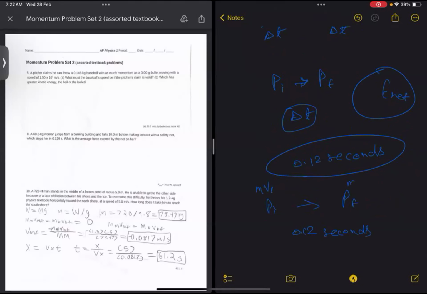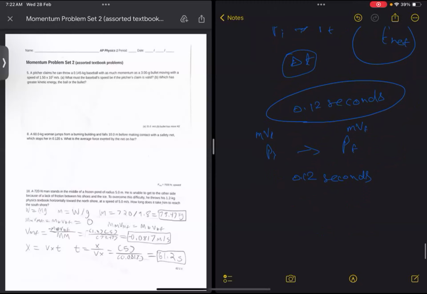So first tell me what is the final velocity after 0.12 seconds. Zero, right? So that is mass multiplied by zero. So the final momentum comes out to be zero.